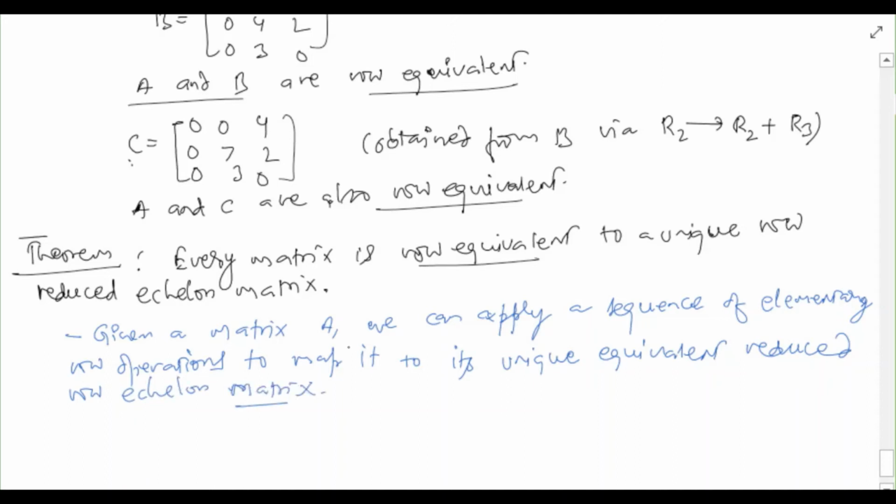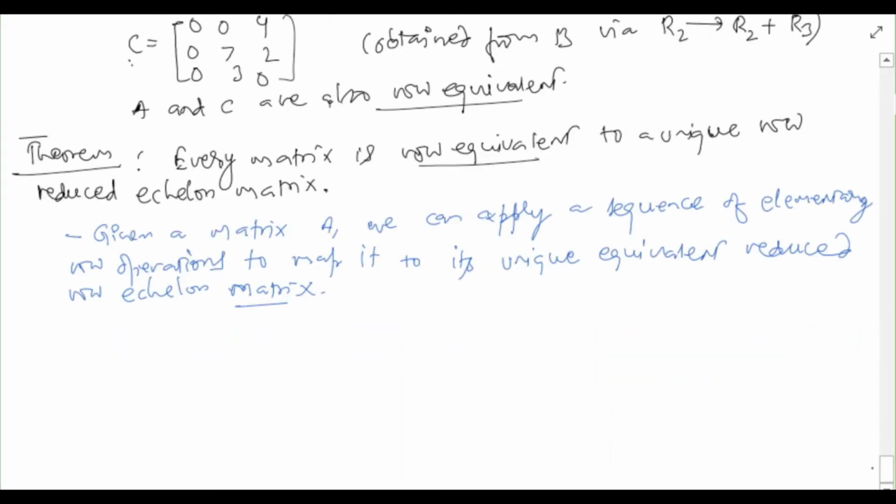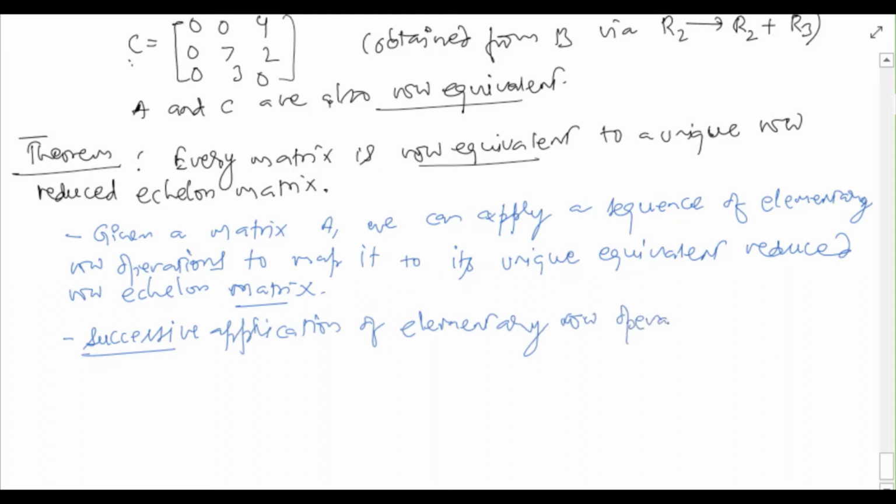This successive application of elementary row operations is what is referred to as Gaussian elimination.